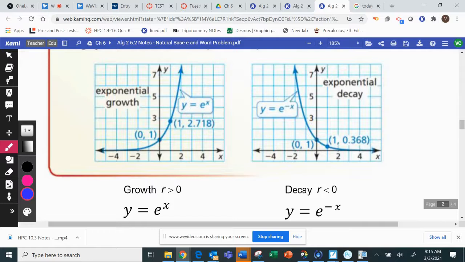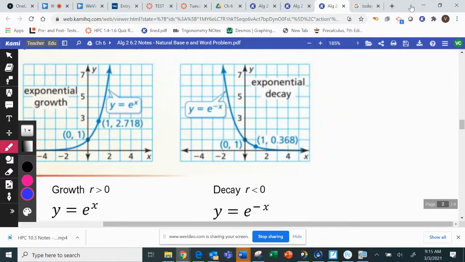The one thing that I want us to do on our calculator really fast is e to the -1 power. On your calculator, I want you to do e to the -1. If you don't have a calculator, go to the internet and type in e caret -1. The internet tells you answers.